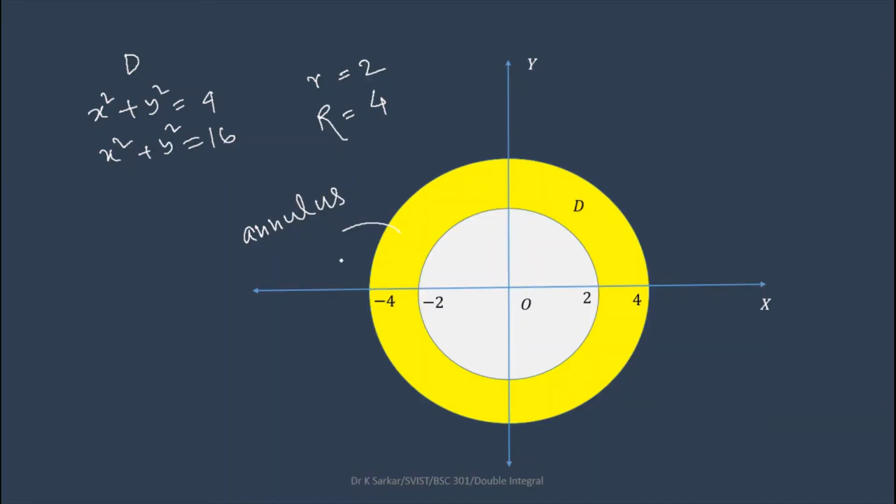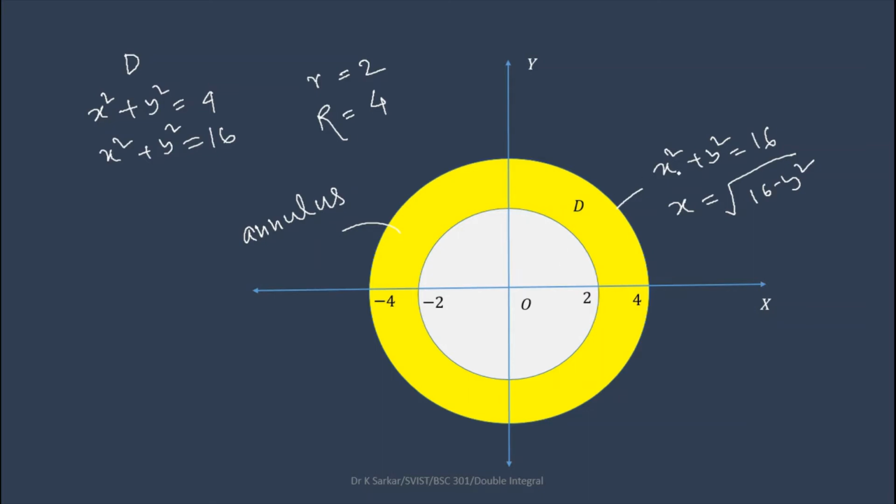Now if you try this integral in Cartesian coordinate system, then it will be difficult to work out the integration, because you see the circle's circumference, x square plus y square equals 16, and if you find the variable x, then it will be square root of 16 minus y square. So it remains in the variable. Similar for the inner circle also. So there is the difficulty to work out.